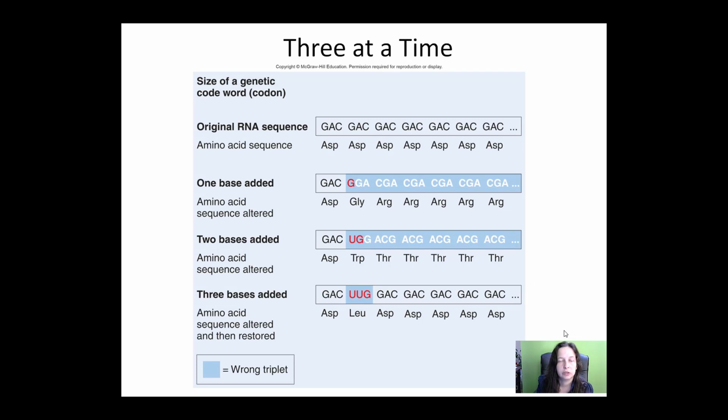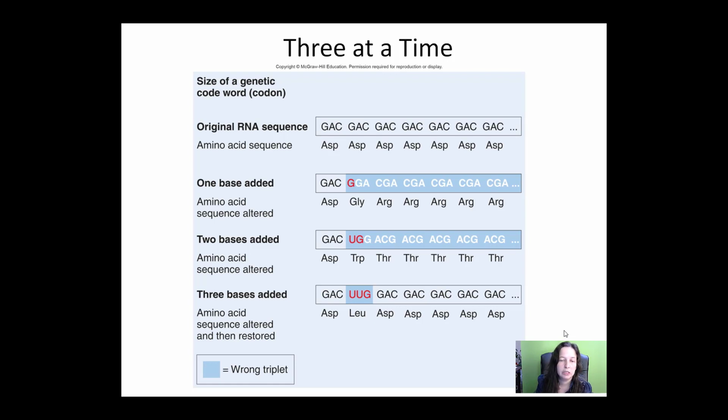So here's an example. If you have an mRNA sequence, GAC, GAC, GAC, and so on, and one base is added, this will disrupt the reading frame and alter an amino acid. If 2 bases are added, once again, this will disrupt the reading frame and change the amino acid sequence.